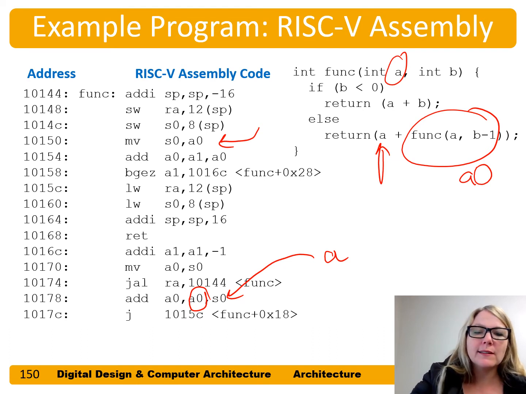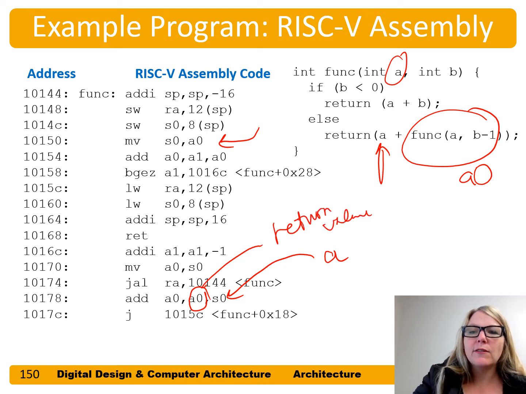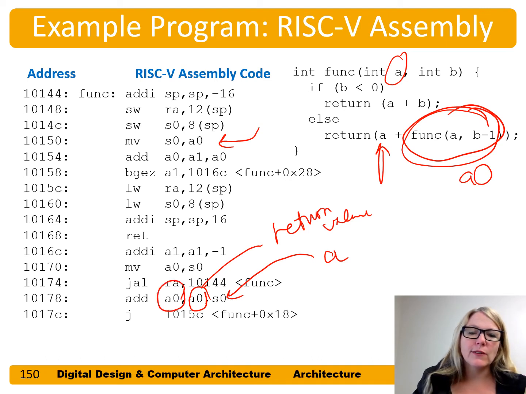We have A plus the return value from when func was called, and we put that into the return value register.